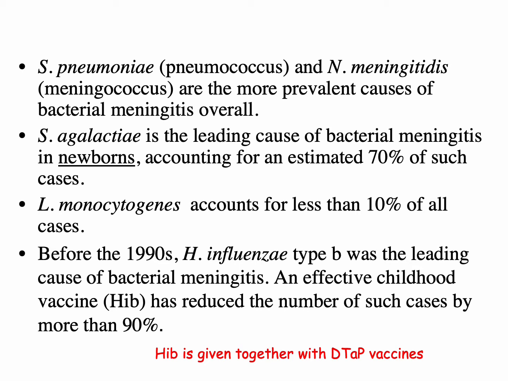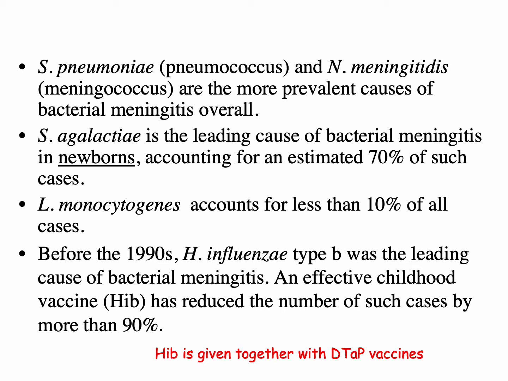Then Streptococcus agalactiae, also called group B strep, is the leading cause of bacterial meningitis in newborns. Why? Because Streptococcus agalactiae is found in the female vagina. So if the mother carries this organism, during birth the newborn will come in contact with it, and therefore it can potentially lead to infection of the central nervous system.